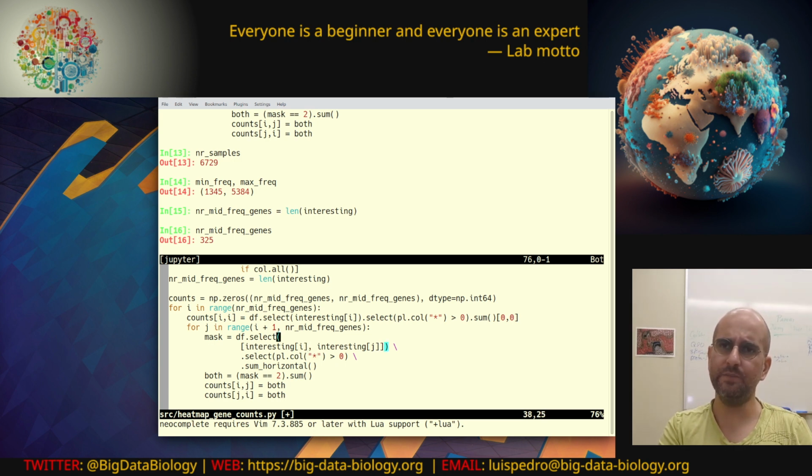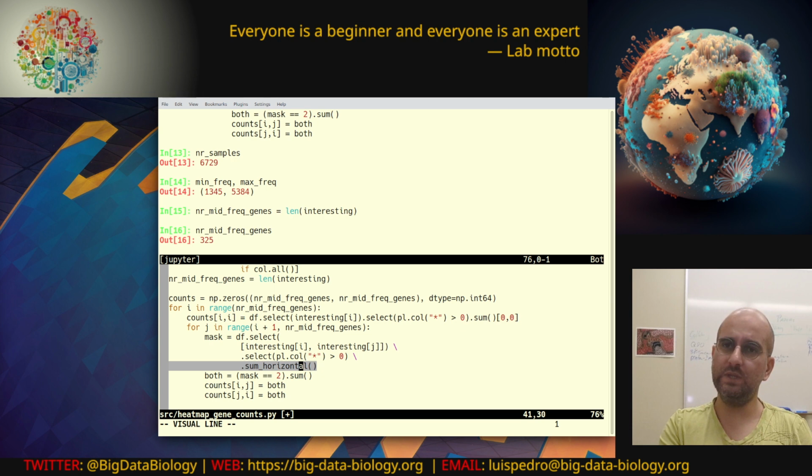The way we compute this is we select column i and column j, with the names given in interesting i and interesting j.